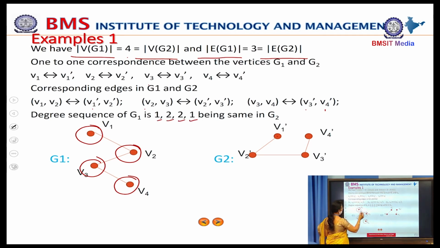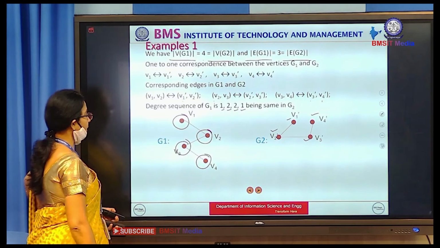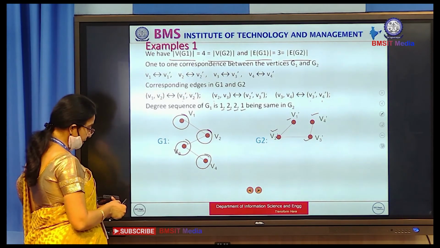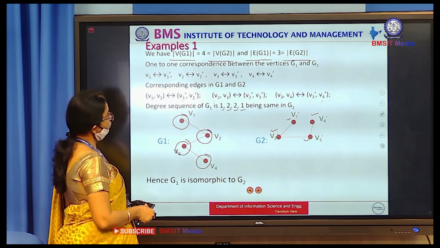The same degrees are preserved in G2. V1 dash has 1, V2 dash has 2, V3 dash has 2 and V4 dash has 1. So it preserves the degree as well. Then we can tell that G1 is isomorphic to G2.